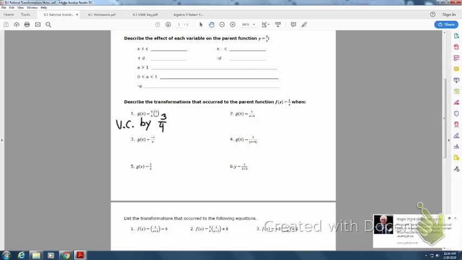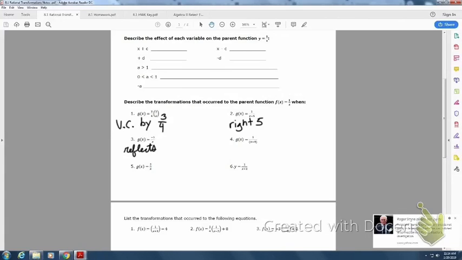Holly, number 2. To the right 5. Your C value is always going to be in the denominator. Okay. Catherine, 3. It reflects. Austin, 4.